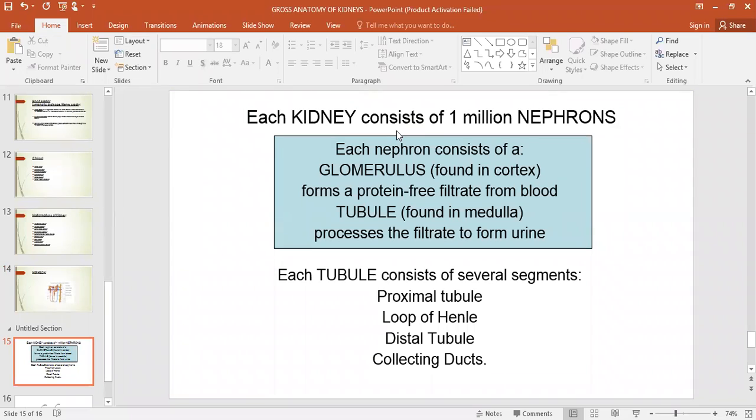Each nephron consists of a glomerulus, which is found in the cortex, and tubules which are found in the medulla and process and prepare to form the urine. These are the parts of the nephron that form the tubule: proximal tubule, loop of Henle and distal tubule. Okay.